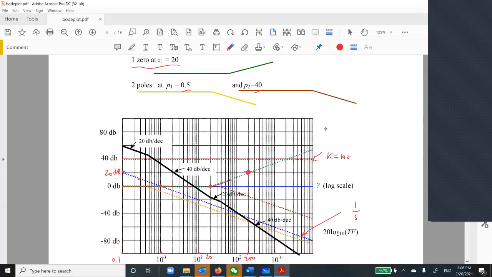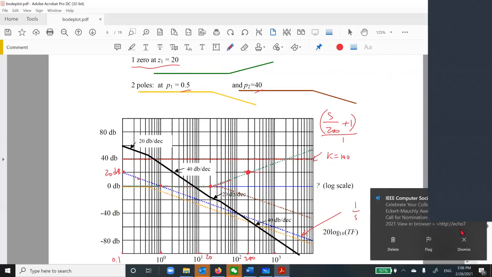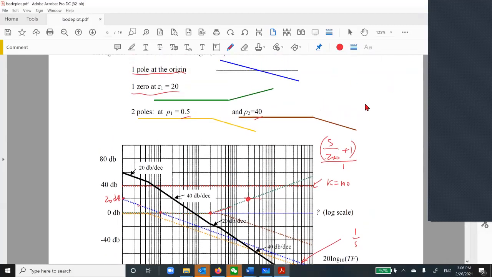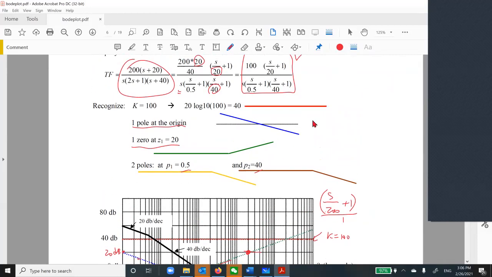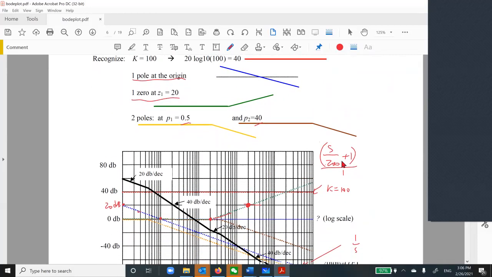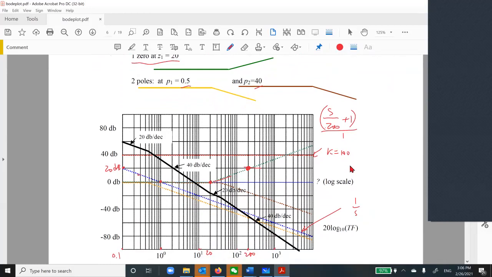So this is my zero at S divided by 20 plus 1. Now make sure you understand this. Not 200, 20. So this is the breakpoint, 20. That's why I need to double check. So that is for this one.